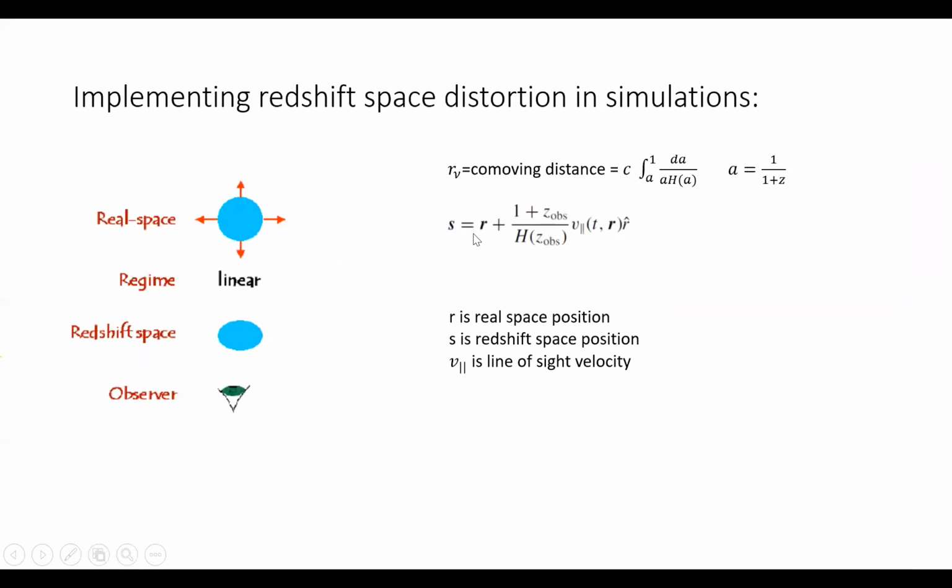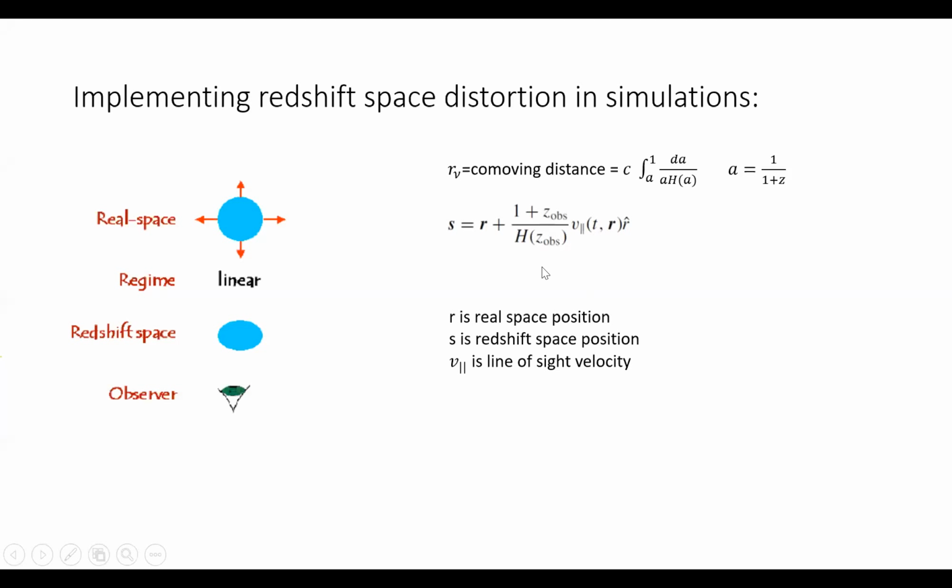R is the real location, and the correction (1+z)/H(z) times v is the correction due to your peculiar velocity. It can be negative or positive, because v can be positive or negative. If it is going away from you, it will always be positive. If it is coming towards you, it will be negative. Accordingly, your location in redshift space will be different.